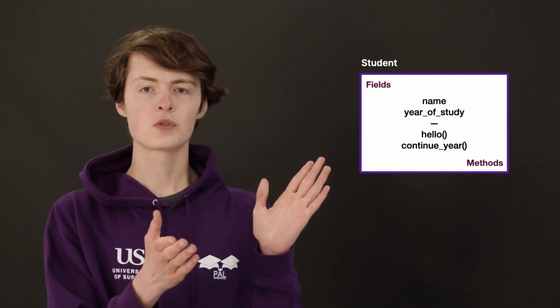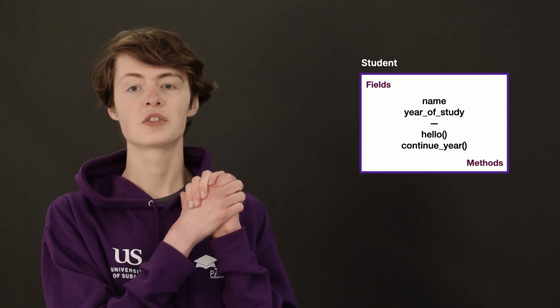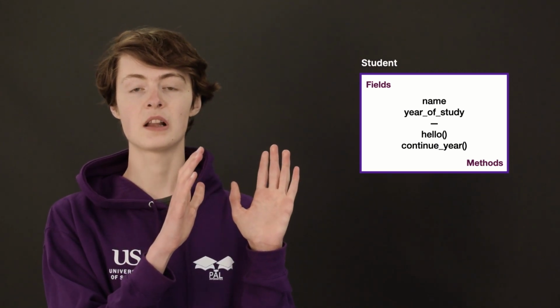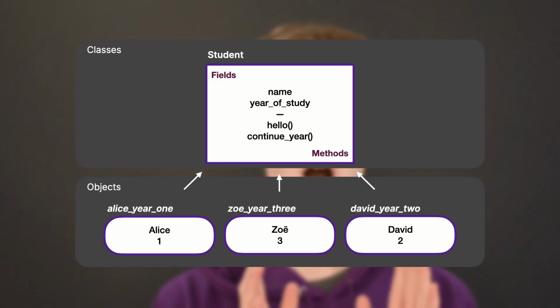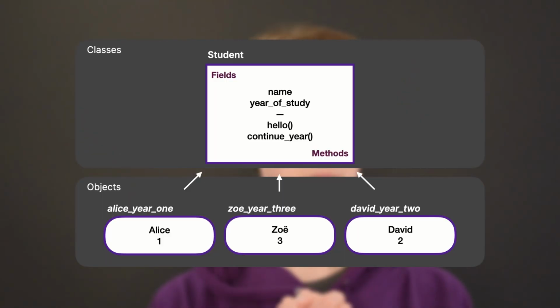If fields were like variables inside of a class, think of methods as being like functions. This template, which tells us what we want to know about each student and what we want them to do, is our class. It is using this class that we declare each individual student. These individual students are our objects.